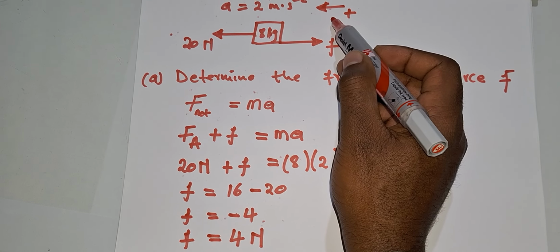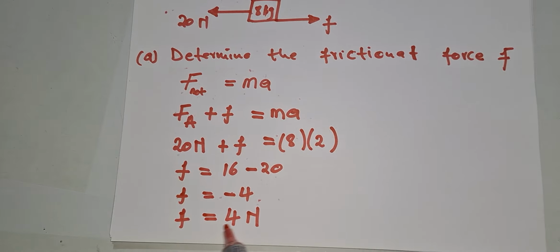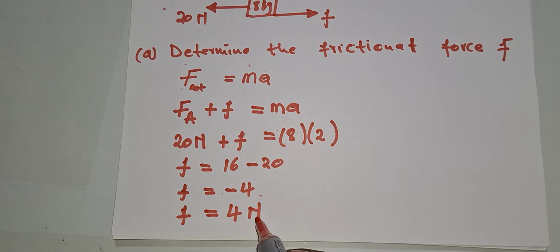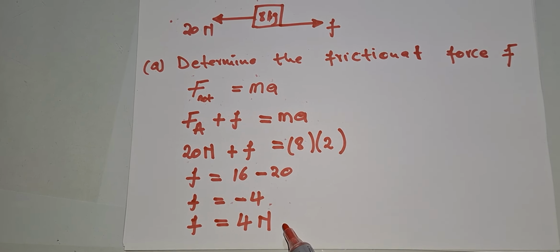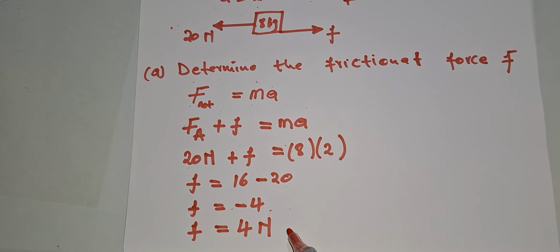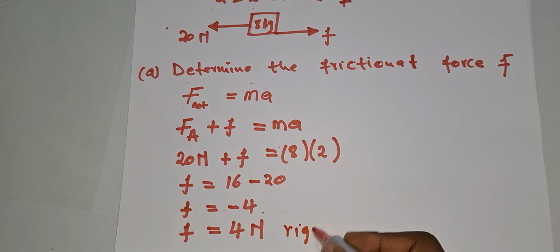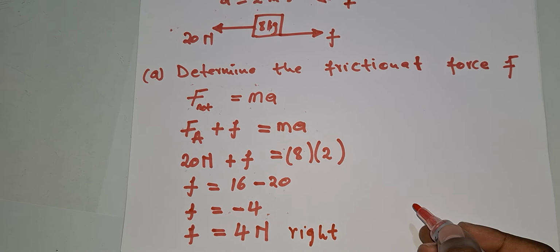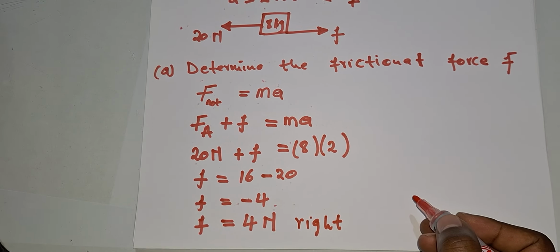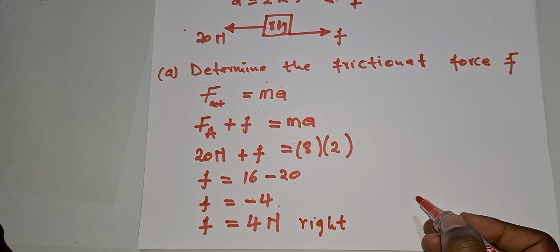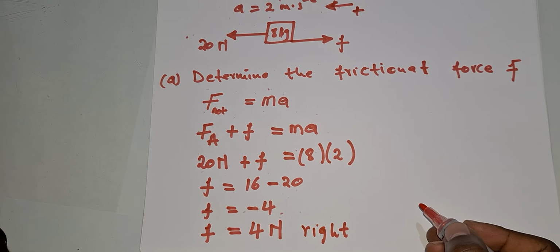What does that mean? It means that this frictional force is in the opposite direction of that acceleration. So the acceleration was going to the left. Now it means the frictional force is going to the right. And that's how we solve and determine the frictional force on an object that is moving in a straight line direction.